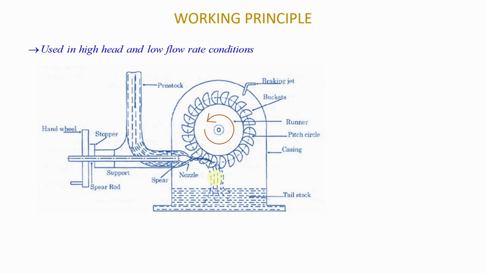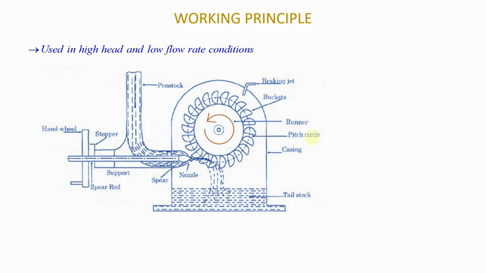And then another thing I will point out is that the buckets, as they rotate, of course they will describe a circle. Okay, and you can see here in dotted lines you have a circle there. That is described by the buckets as they are rotating. And so that circle is what is called the pitch circle, but also sometimes it is called the bucket circle.